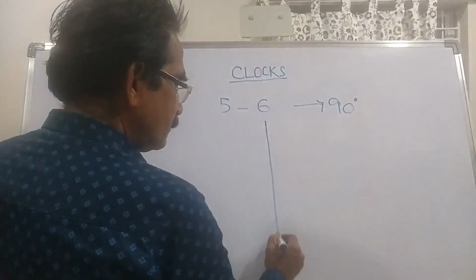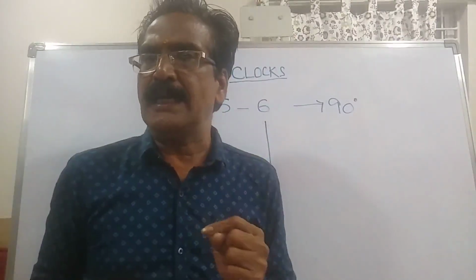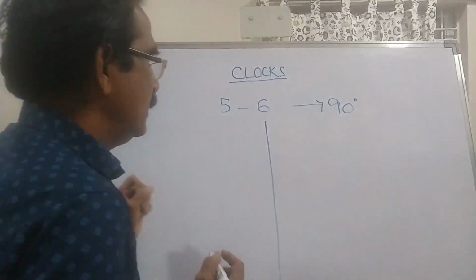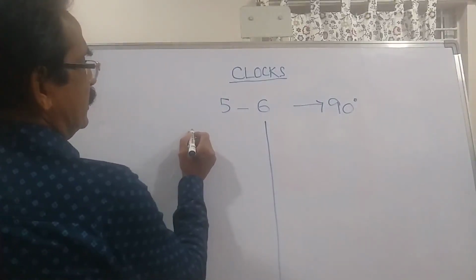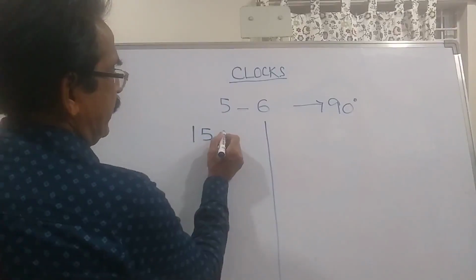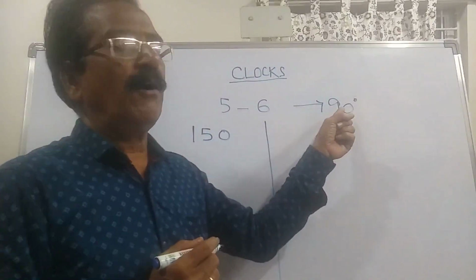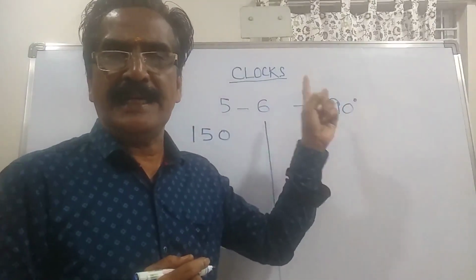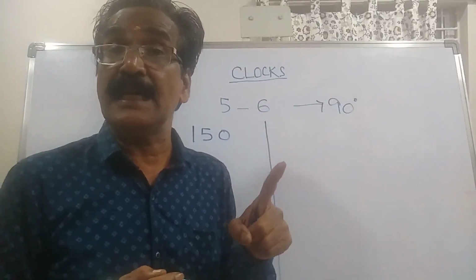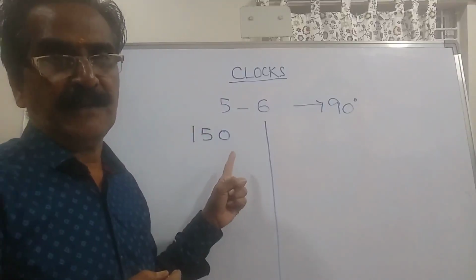See, at 5 o'clock, we know the angle between the hands, that is 5 times 30, which is 150. How much angle do we want? We want 90 degrees. So 60 degrees angle must be reduced from this 150.